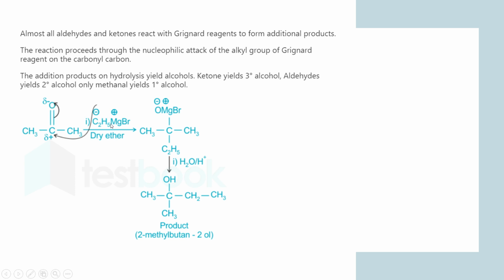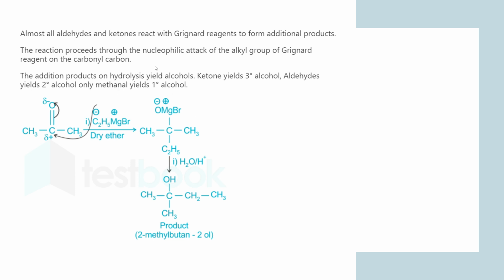Okay, so after the attack, this ethyl anion will get attached at this carbon atom like here we have shown, and because of the push of the electron pair towards the oxygen, oxygen will now attain a negative charge, and that negative charge will be stabilized by the counter cation present in the medium, which is this magnesium bromide. So you will get this kind of an intermediate compound in the course of the Grignard reaction.